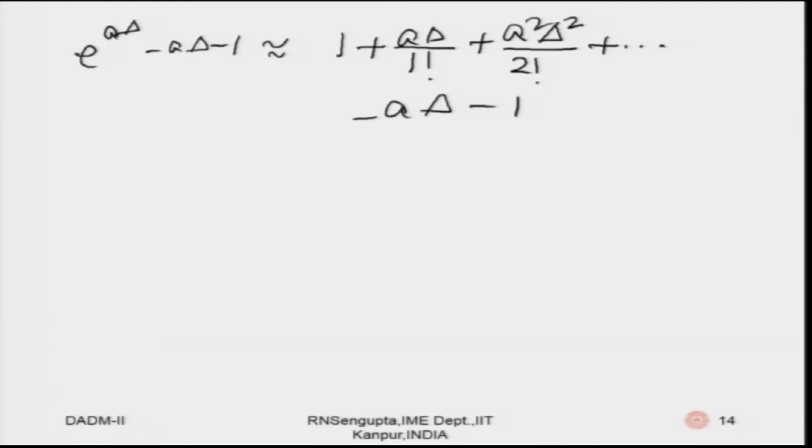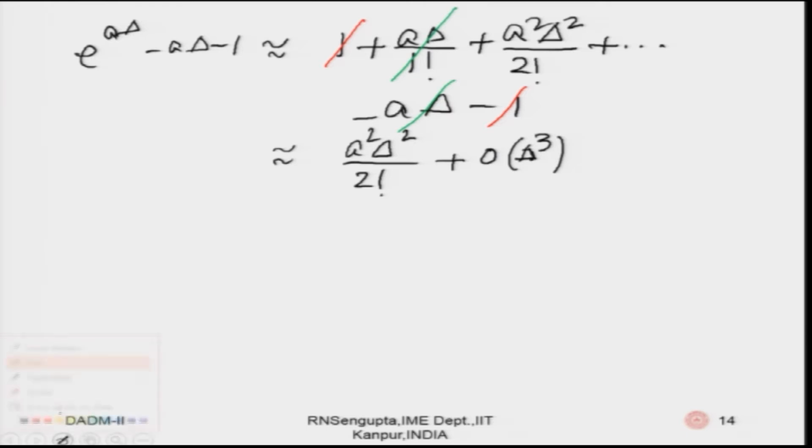In this case the 1 cancels, and the A delta by factorial 1 cancels. So, if you ignore the third order and higher terms, this will become A square delta square by factorial 2 plus terms of order cube, which as the power increases can be considered as almost tending to 0.